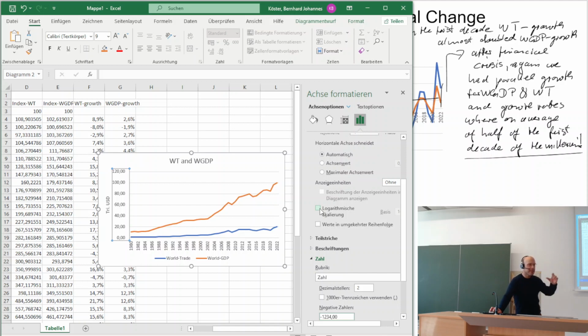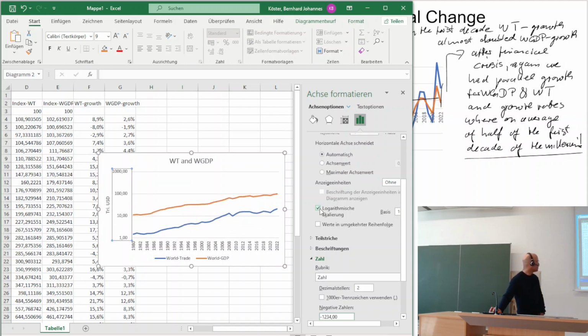And what does it mean if you go to the log? Then you more or less see the growth rate. Think of the exponential function, e to the power of x, and if you take the log, then you just obtain x. So log of exponential function is x itself, and then you, so to speak, just see the growth rate.